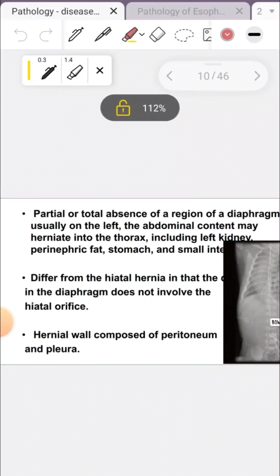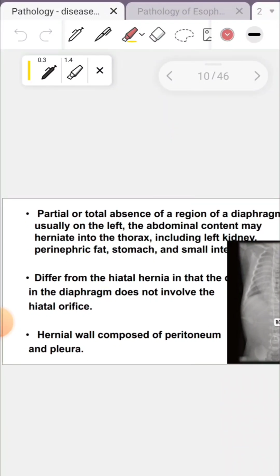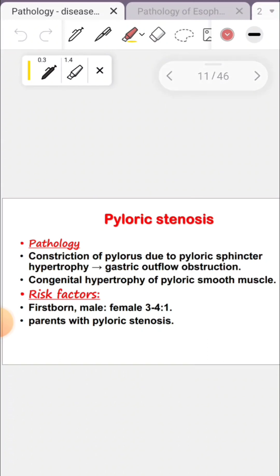Many viscera herniate into the thorax, including the left kidney, the perinephric fat, stomach, and intestines. All of these can protrude from the abdomen into the chest. The hernial wall is composed of peritoneum and pleura. There is no diaphragm.